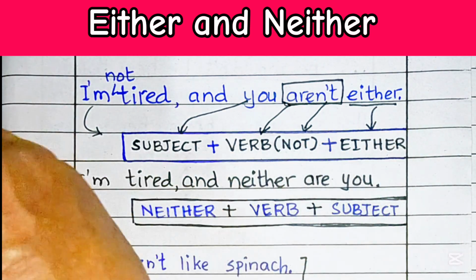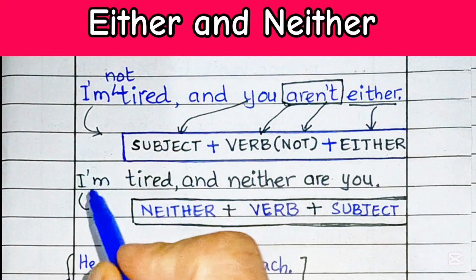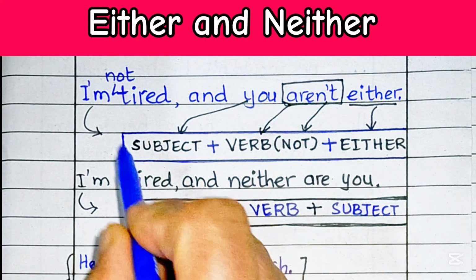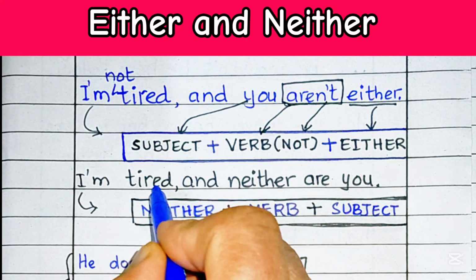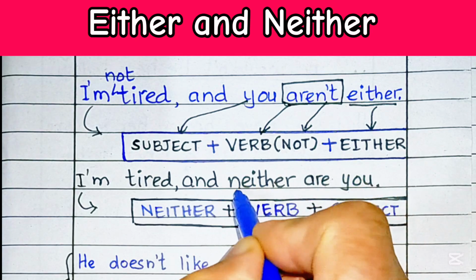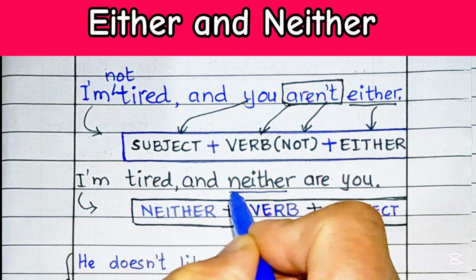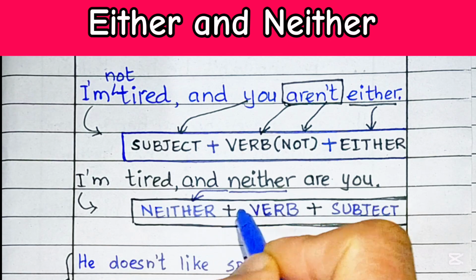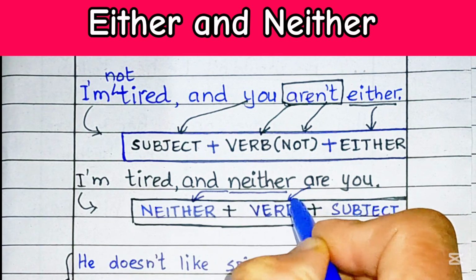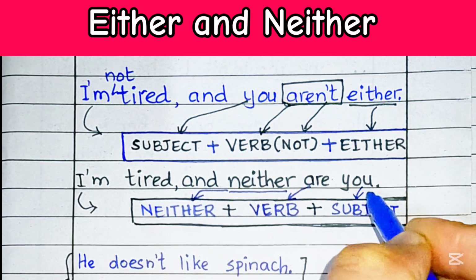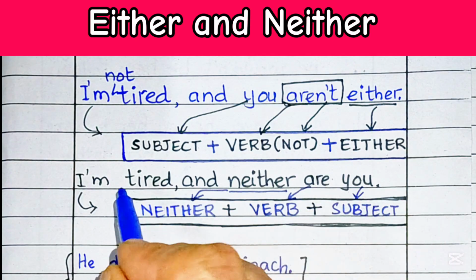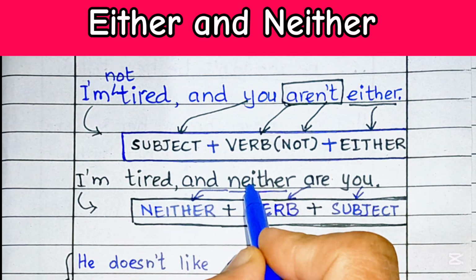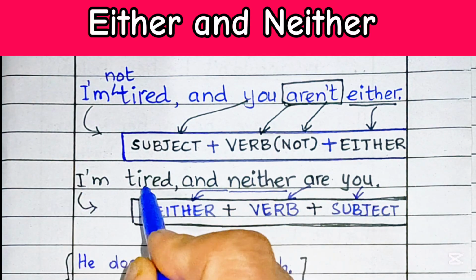Now look at this sentence. In this case, I am tired and neither are you. So over here we can see that neither has been put over there. This is the structural pattern. Then comes the verb, and towards the end comes the subject, because it shows negation now over here.